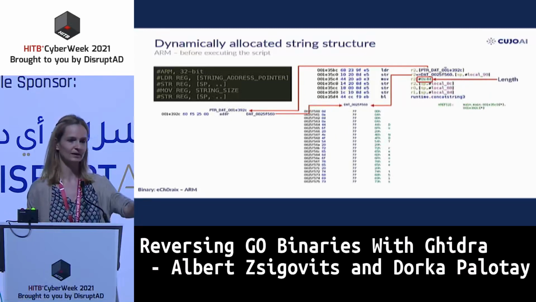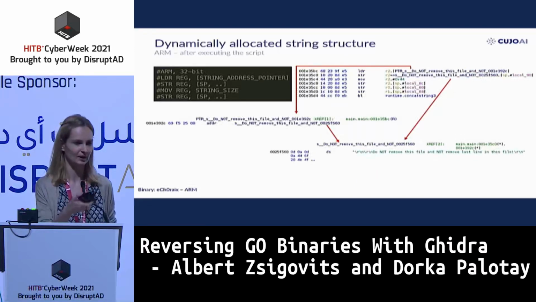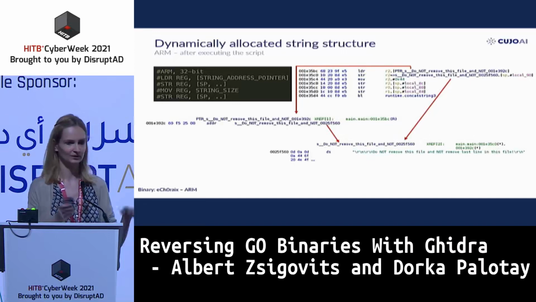If you follow the address, there is a pointer which points to the address of the string, which is not defined. Once we execute the script, the disassembly will be much nicer, because you can see there the text, do not remove this file, and so on, and it will also be defined.